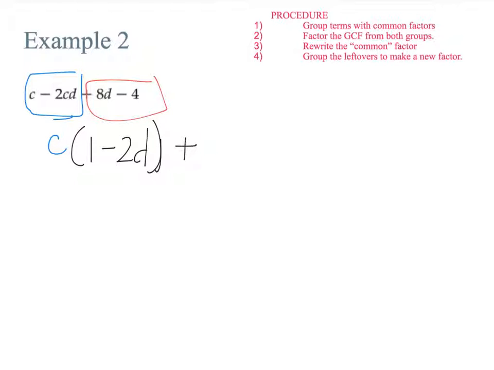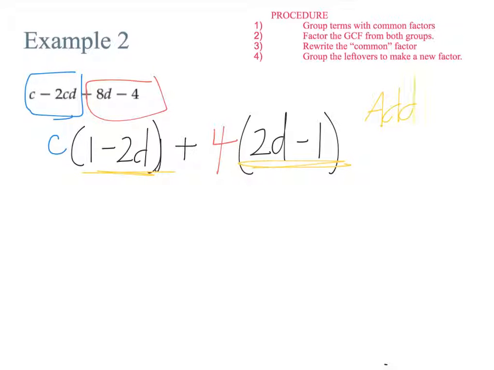Plus, in my second group, my common factor is 4, and when I factor out a 4, I get 2d minus 1. Again, you'll notice that these two are not the same. They are backwards, so they are additive inverses. I need to factor out a negative 1 from one of them.